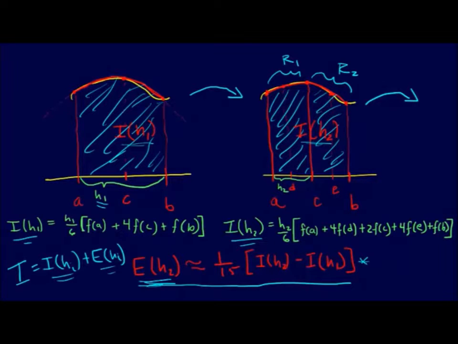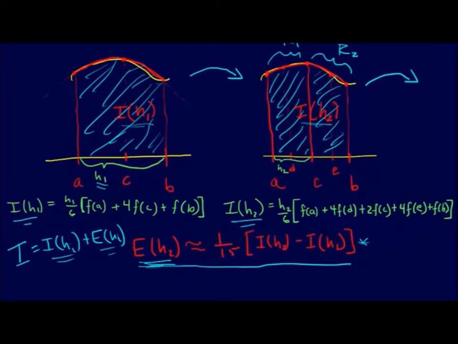Now, the other thing I'll note here is that after we compare our error, we actually do use this error estimate in computing our new integral estimate. We do say that I is equal to, and of course it's just approximate, but that's our best estimate of our integral, then will equal I_h2 plus 1/15 (I_h2 minus I_h1).